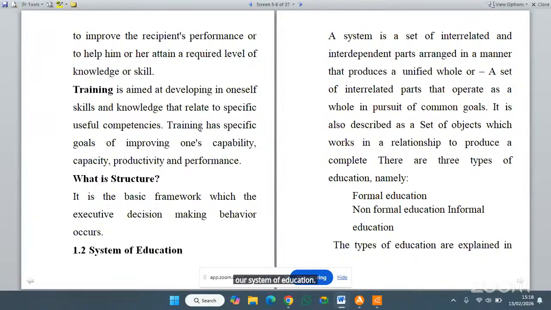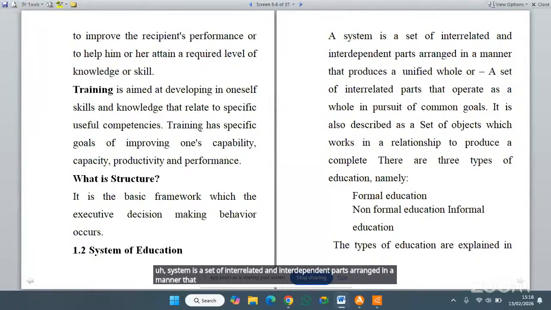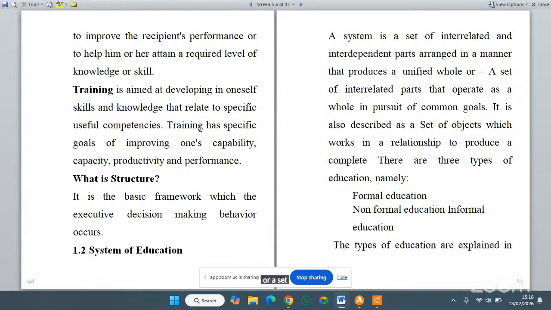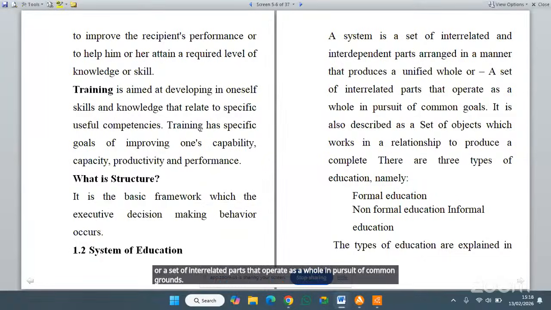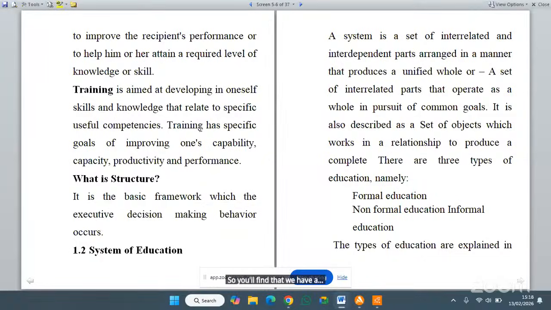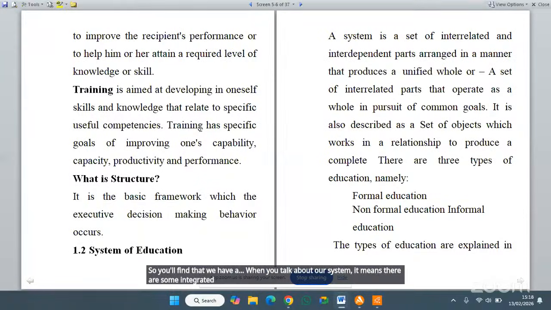What is a system? A system is a set of interrelated and interdependent parts arranged in a manner that produces a unified whole, or a set of interrelated parts that operate as a whole in pursuit of common goals. So when we talk about a system, it means there are some interrelated parts, and these connect to form a whole, a compact whole.